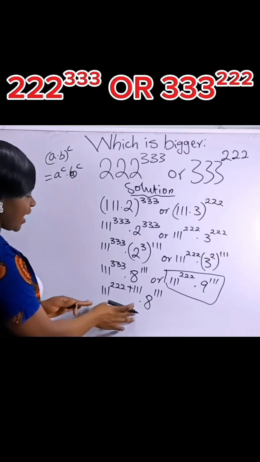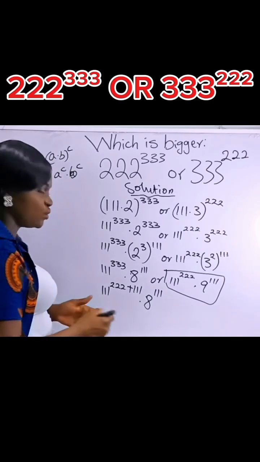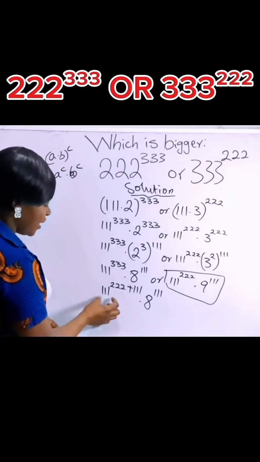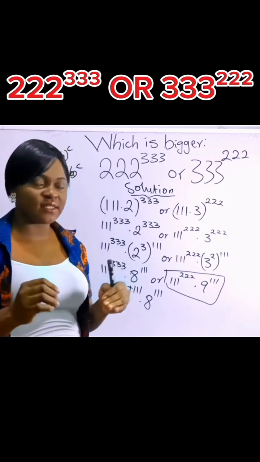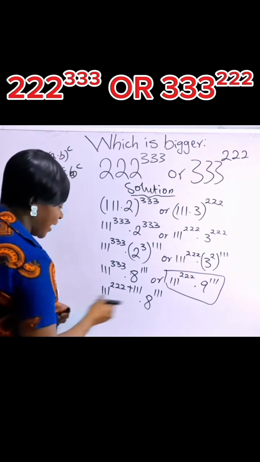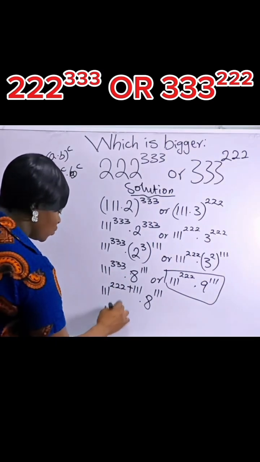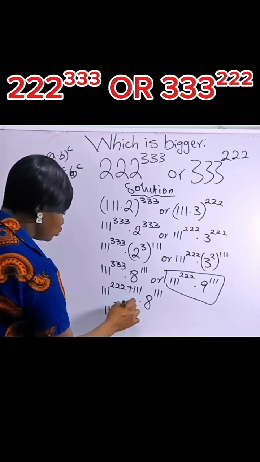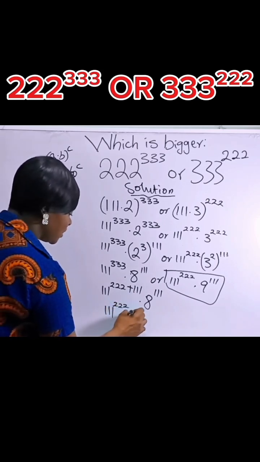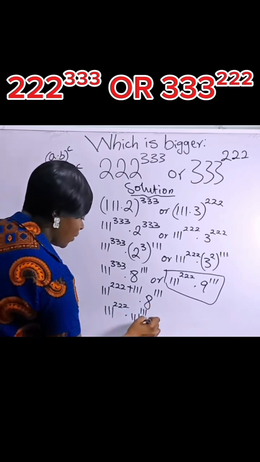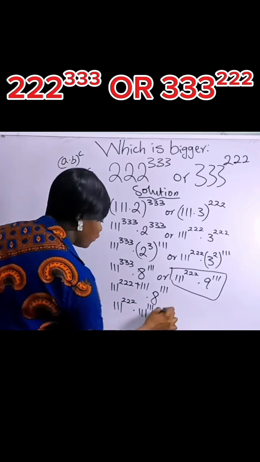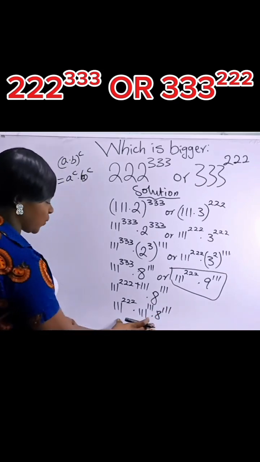According to the exponential rule, when a base has a power of two different numbers adding each other, we can express it as 111 to the power of 2 times 111 to the power of 1. Now remember that we have times 8 to the power of 111.